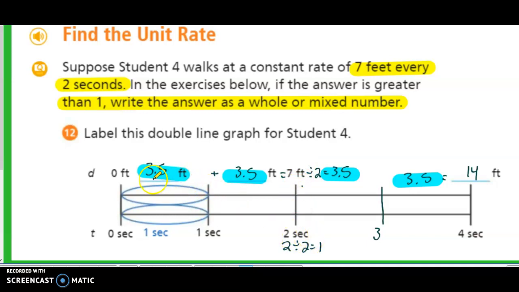In other words, student 4 can walk 3.5 feet in 1 second. You can see how I figured out 3.5: 7 divided by 2 gives me 3.5 for every 1 second of time. Multiply by 4, I get 14 feet after 4 seconds.